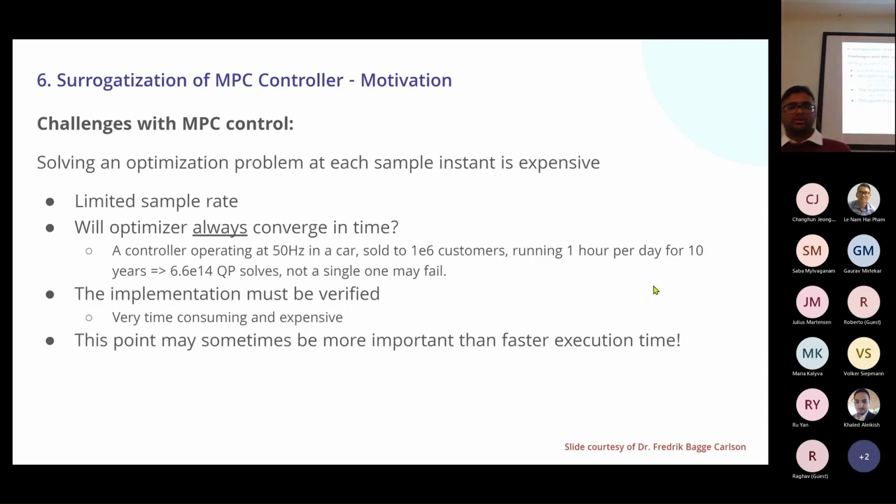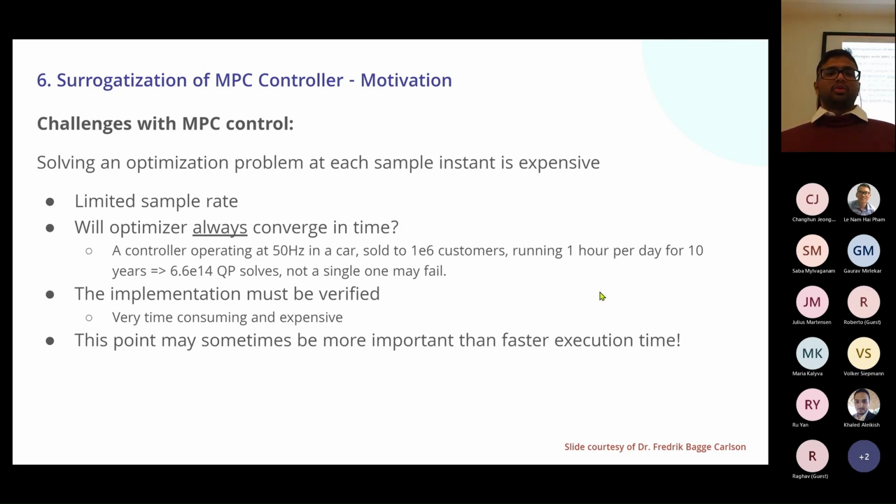The last thing I'd like to discuss is the surrogatization of the MPC controller, a bit on the motivation and the philosophy. One of the most important challenges with MPC control is that you need to solve an optimization problem at each instance. This limits the sample rate because you need to be able to solve it in time.